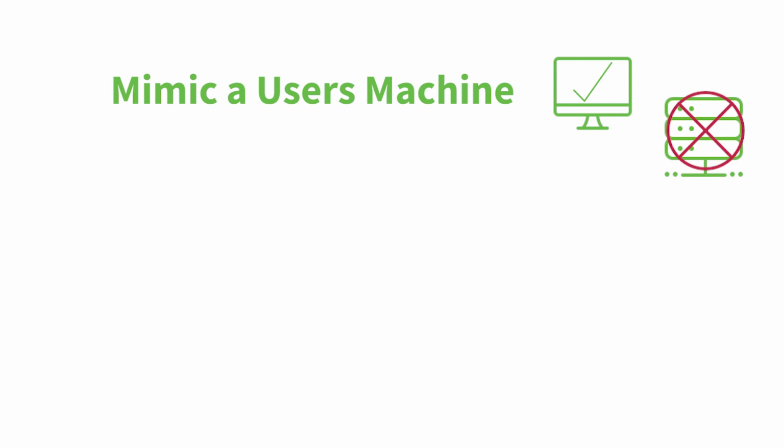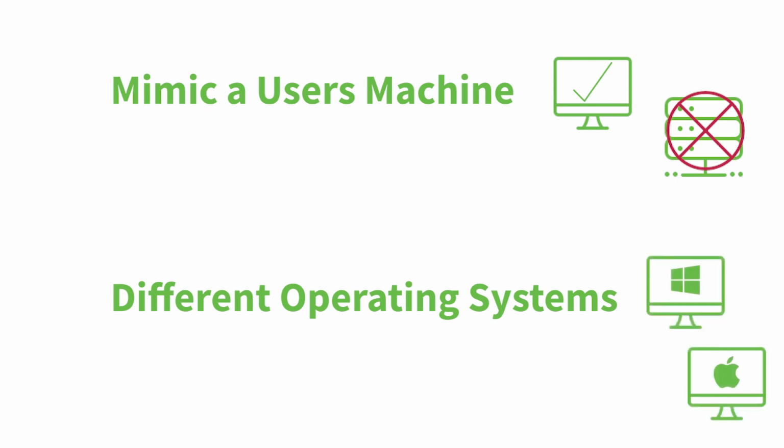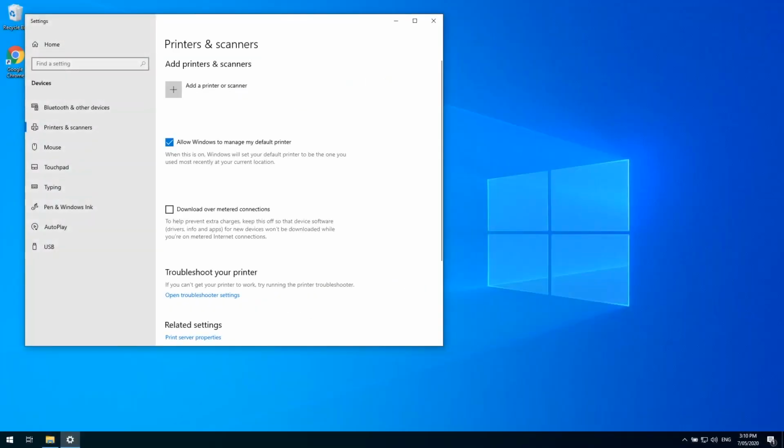Also, if your environment has users on different operating systems, you need a reference machine for each of those operating systems. Here I am on my reference machine. I have no printers installed on it, so I'm just going to connect to them from the print server.